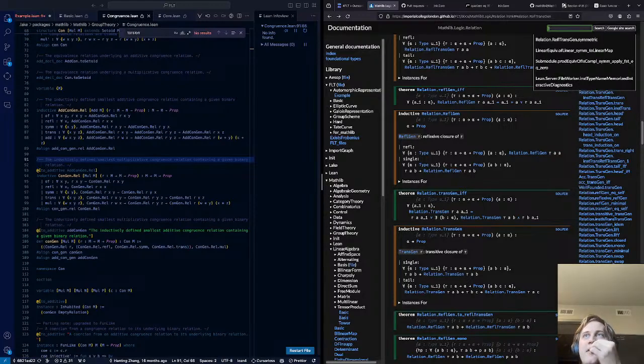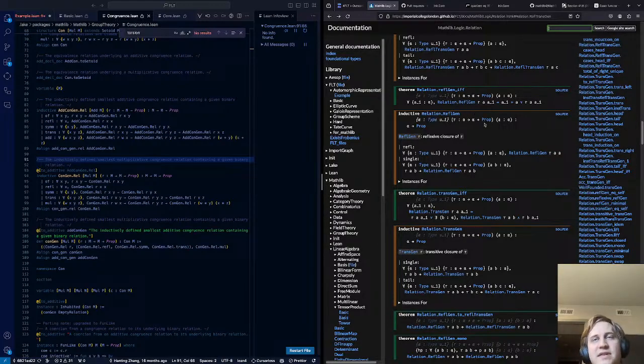Okay, it's just not there. So there should be something called Relation.ReflSymmTransGen, which gives me the reflexive symmetric transitive closure of a relation, which produces an equivalence relation, essentially, right? Equivalence relation.